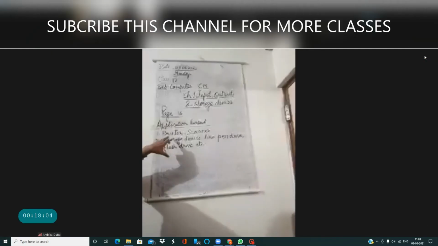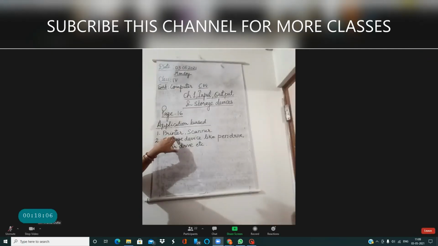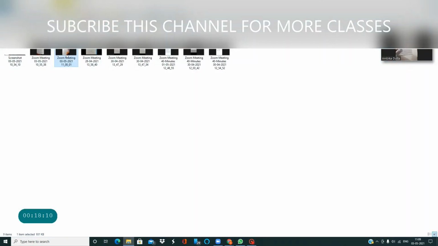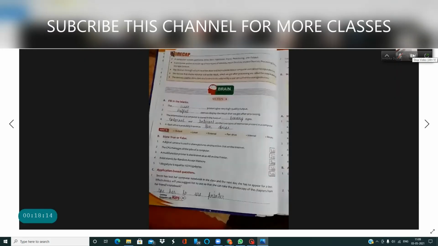She can use a printer, and for scanning from a notebook, a scanner. Printer and scanner, you can write both. She can use a printer also, she can use a scanner also.